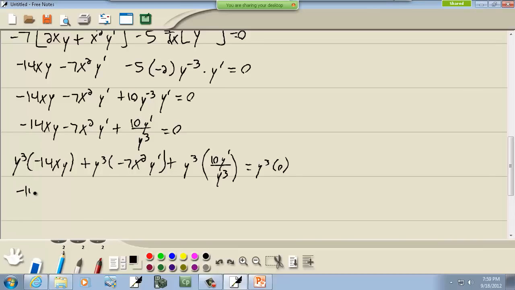So this gives us negative 14x, y to the third times y gives us y to the fourth, minus 7x squared, and we've got y to the third, and then y prime.